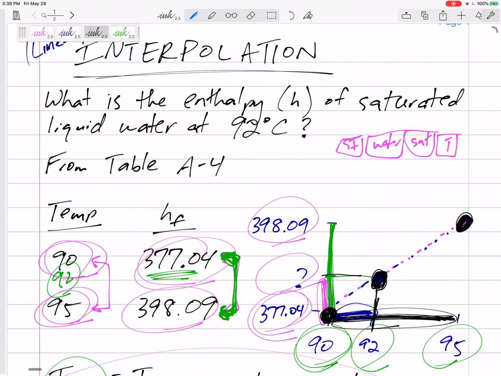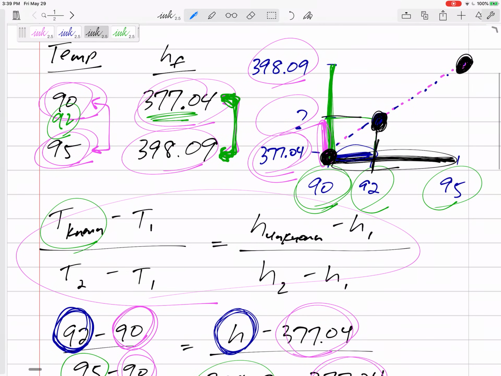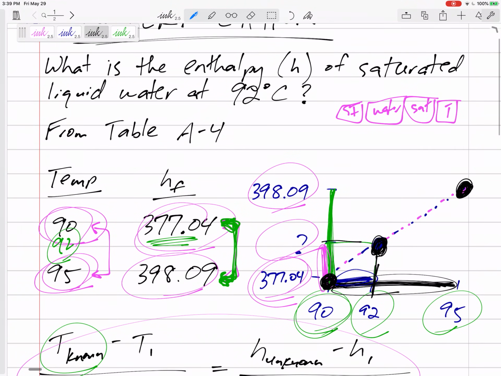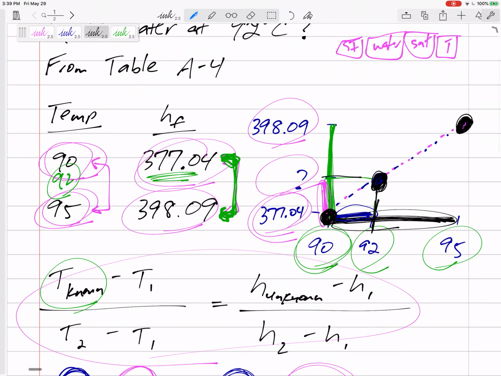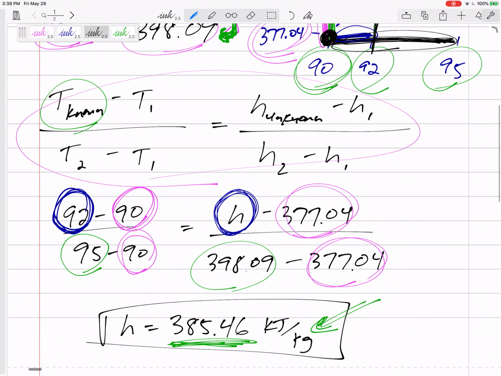That is what interpolation is. And you might see it explained a little bit differently, maybe calculating the slope here. I'm going to do top minus bottom over middle minus bottom equals top minus bottom over middle minus bottom. That's how I do it. That's how you're going to see me do these problems.